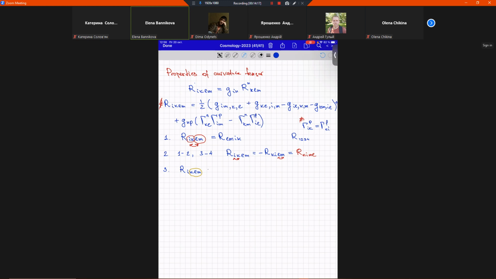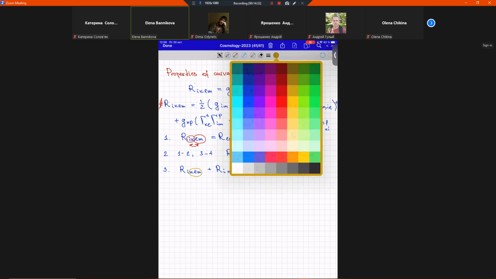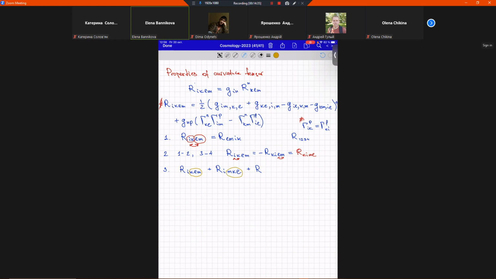So it means that I need to write plus R, I keep i, and after this you write m, k, l, plus, and again I keep i, and again I make this cyclic permutation: l, m, k. Let's put it in yellow, just to show what we are doing.